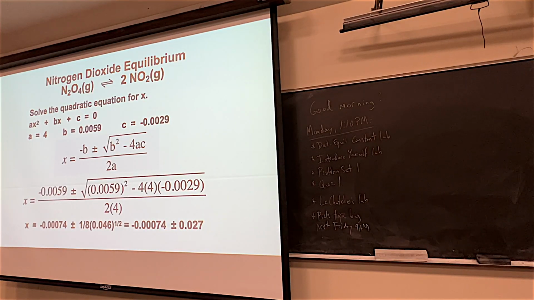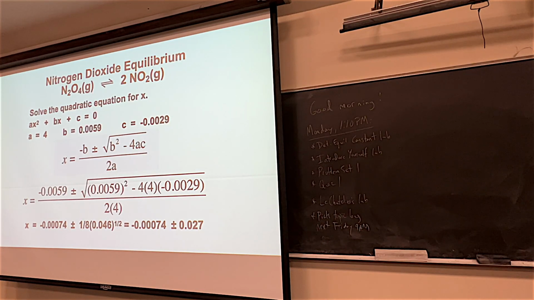So here's the math, all right, just a bunch of numbers. Here's minus b, plus or minus square root b squared minus 4ac over 2a. And when you break this down, do all the square root and divide by 4 stuff, you end up with this plus or minus 0.027, all right?